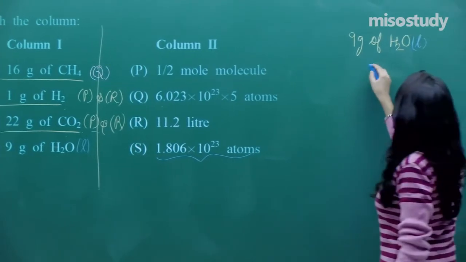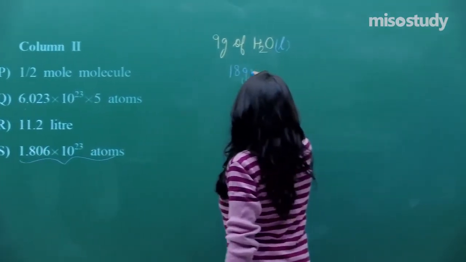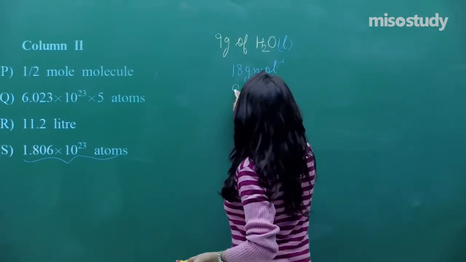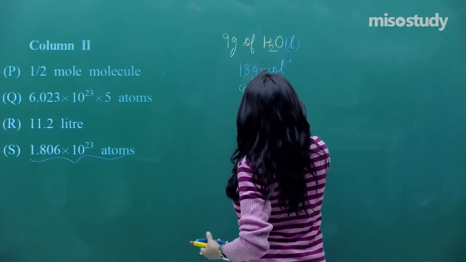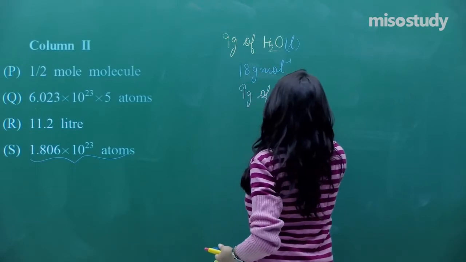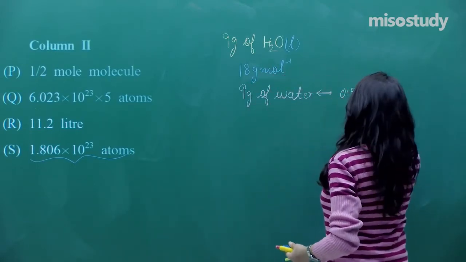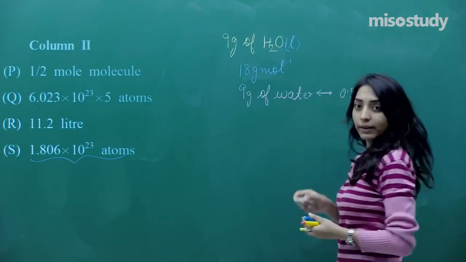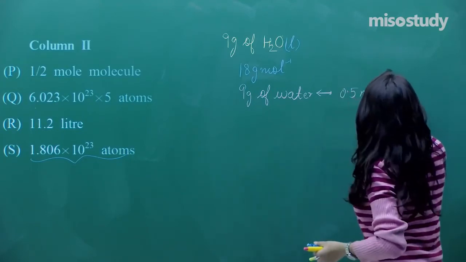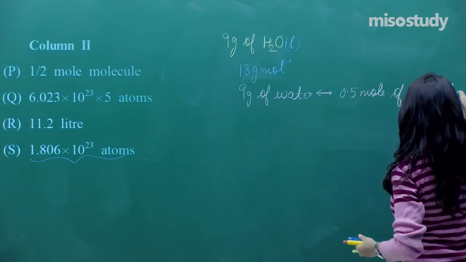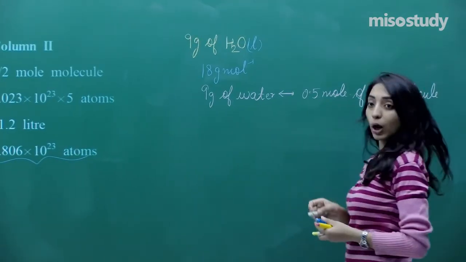Now, water is having molar mass of 18 grams per mole. That means if you are talking about 9 grams of water, I will be talking about half moles of water, right? And if I am writing half moles of H2O molecule, okay?